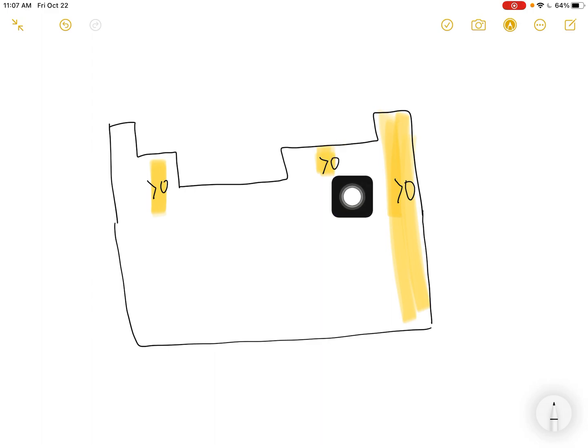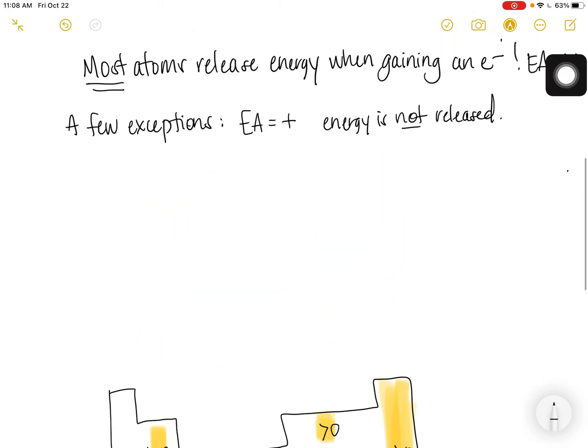Oxygen, sulfur, selenium, they have negative electron affinities, even boron and carbon, even, contrary to what a lot of students think, the group 1, okay, almost everybody has a negative value, which means almost all atoms release energy when they gain an electron. But there are a few exceptions, which I have highlighted. The noble gases, nitrogen, and then beryllium and magnesium. So we want to talk about these 3 exceptions.